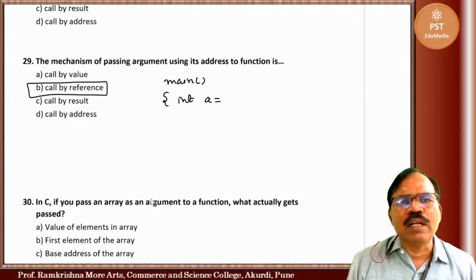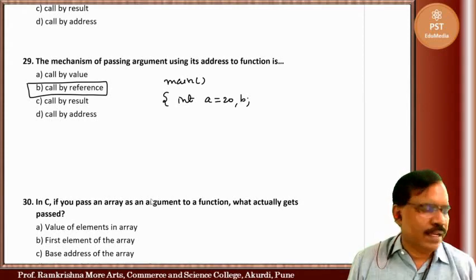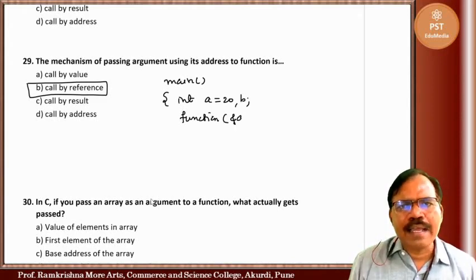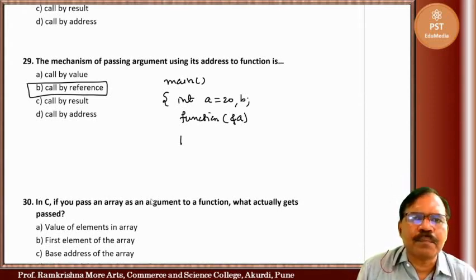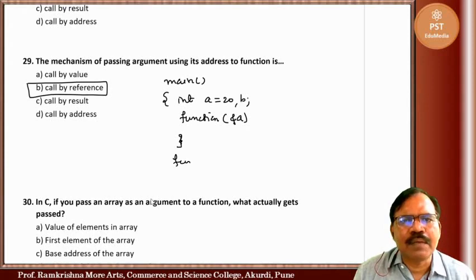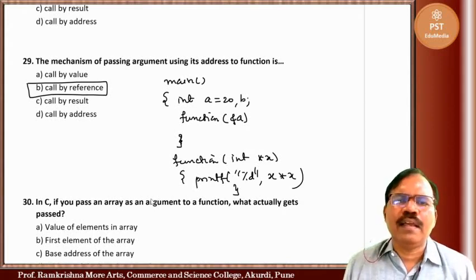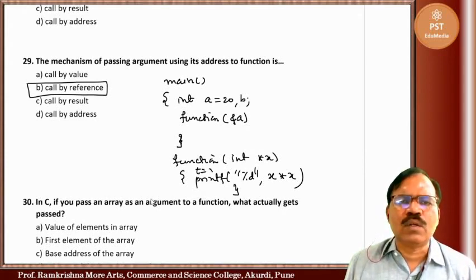Suppose we write int a is equal to 20 and some b, and suppose I call function and a, and then here end of function, and here I will write function int star x, and then we here write printf %d of star x, means I can write some t is equal to star x, and then we can write t into t.